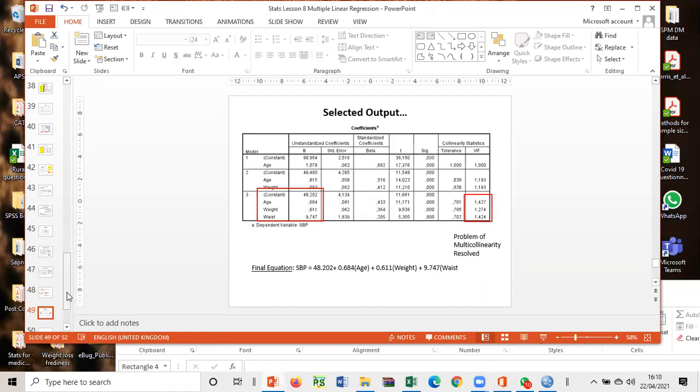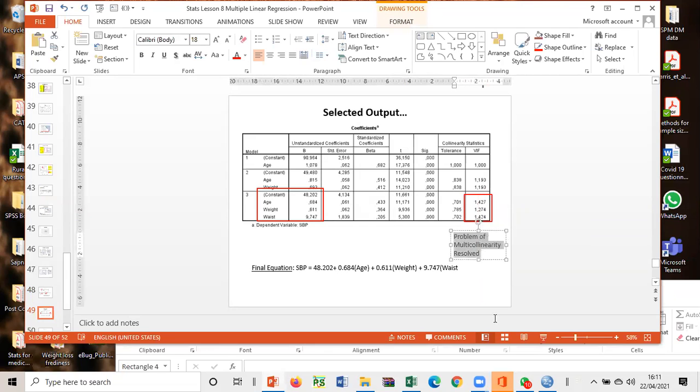Look at the VIF for the last model here in the red box. What's the highest value? 1.427. Is it less than 5? Yes. That means the problem of multicollinearity is resolved.